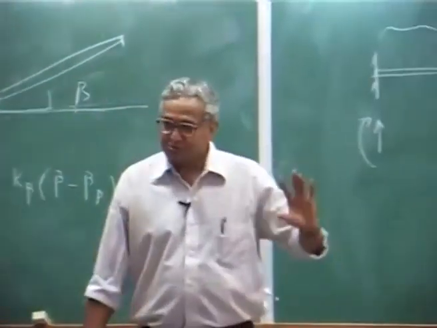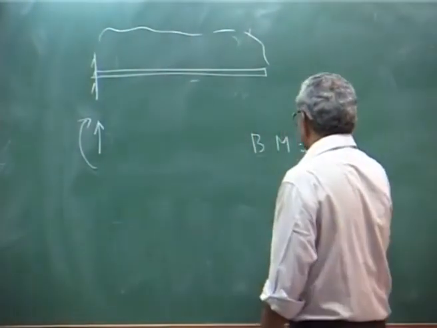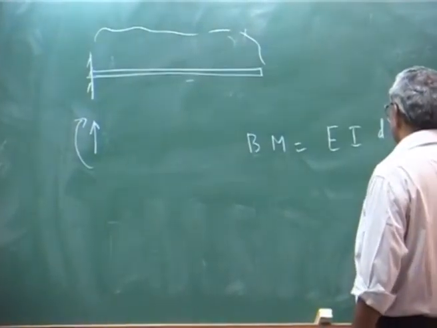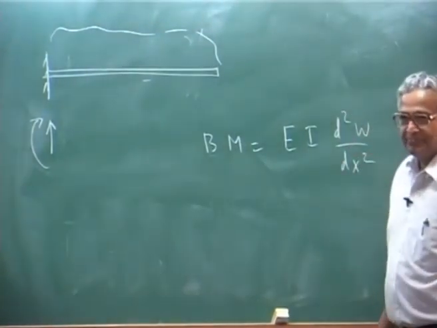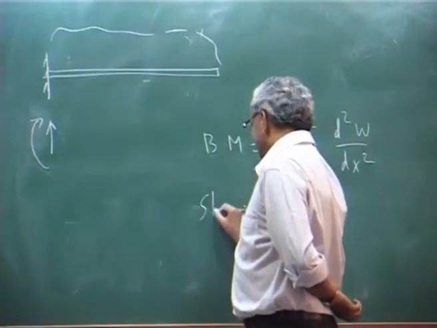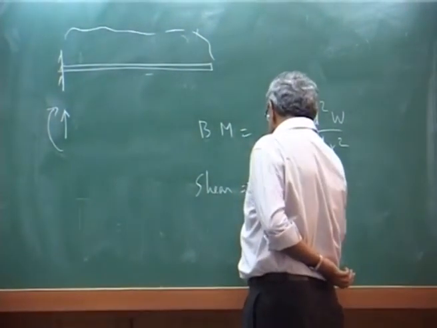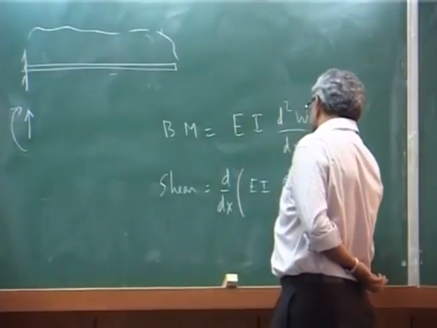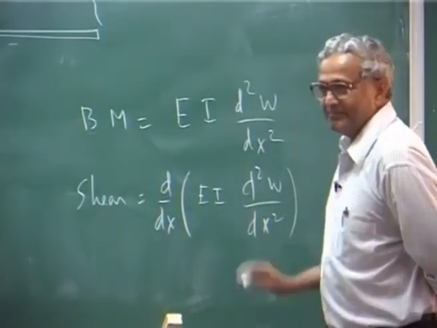But you also know bending moment is E I what? And the shear force, you have another d over dx of maybe E I. This is a shear force, simple.